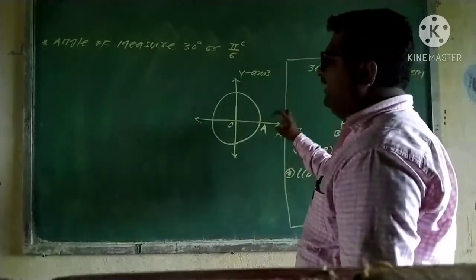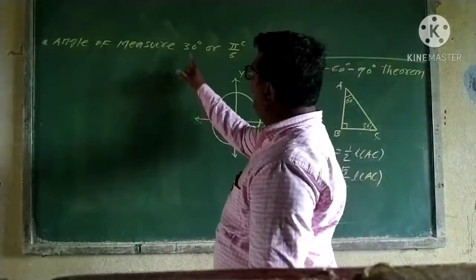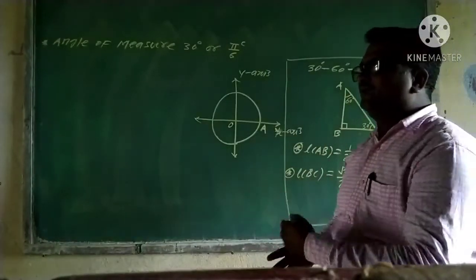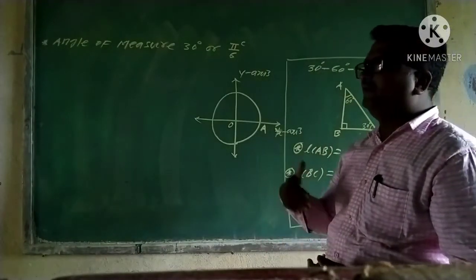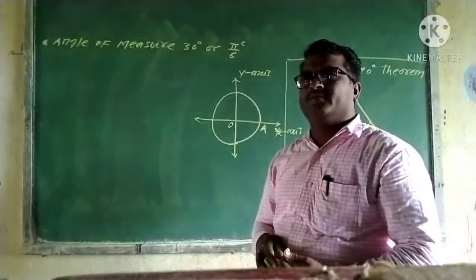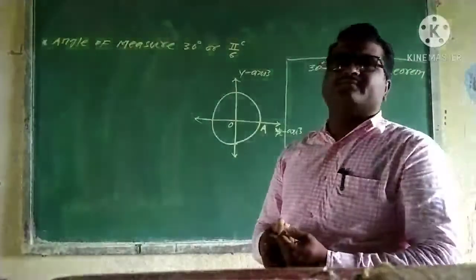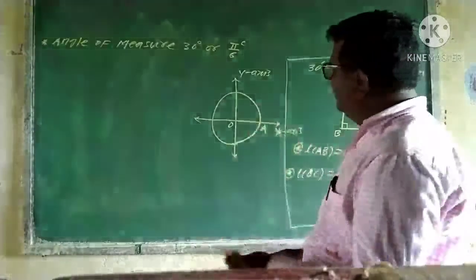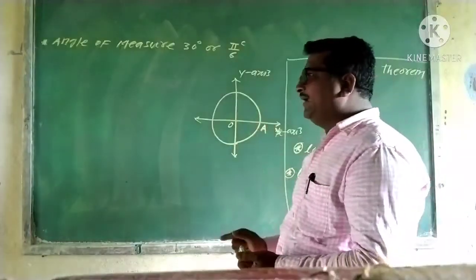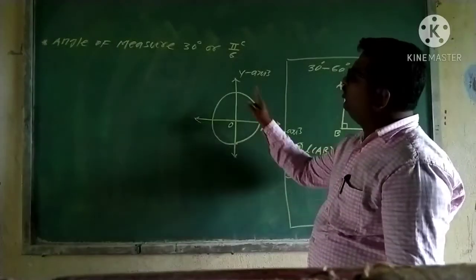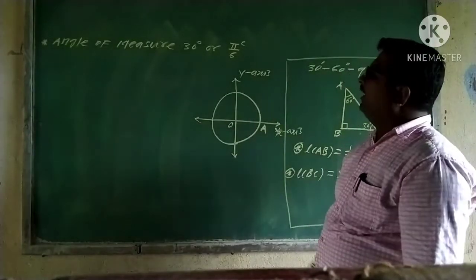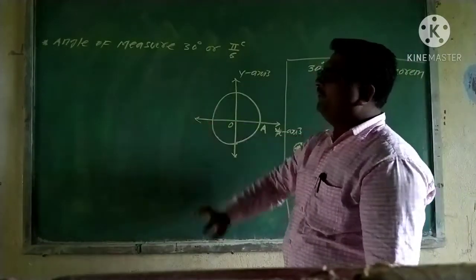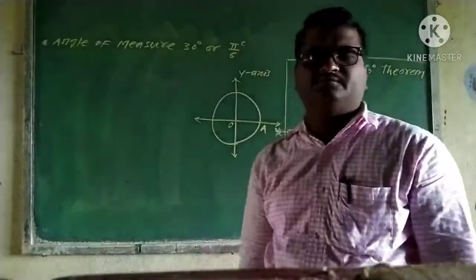Now here we have to draw the angle of measure 30 degree. And in last period we studied the different quadrants, and in the different quadrants we also know the measurements. Now here in first quadrant the measurement of angles are 0 to 90, and this 30 lies between 0 and 90, so the angle of measure lies in the first quadrant.